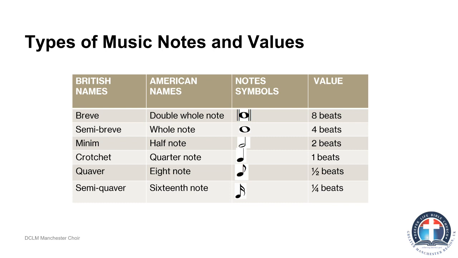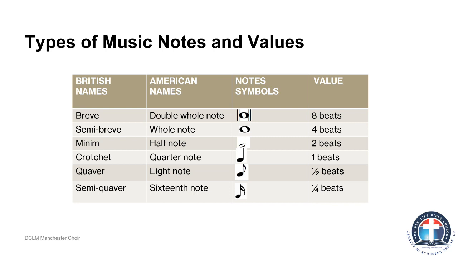The fifth music note is called the quaver. The quaver is also referred to as the 8th note. So the quaver has the 3 major parts of music notes. It has a rounded head which is shaded, it has a stem, and it has a flag. It has a value of half a beat.